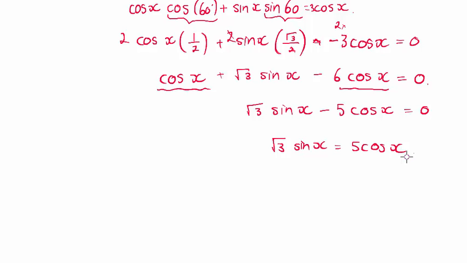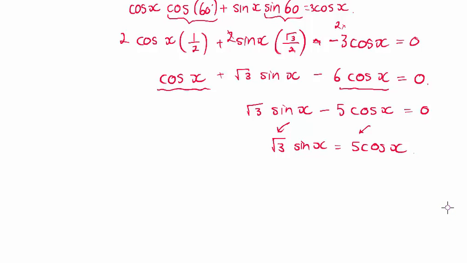Because in this situation, you should immediately know what to do. Remember, if the coefficients in front are not the same, we cannot try and get sine equal to cos. It's impossible.